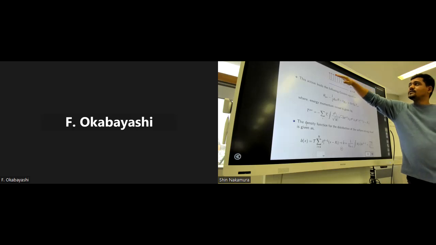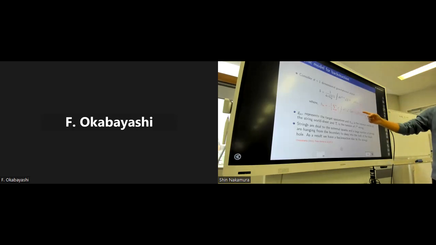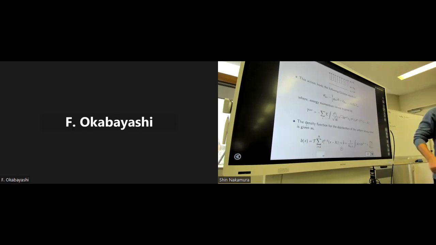So here these points are analogous to the quarks, and each point is connected with a string, because the holographic dual of those quarks are the strings which are hanging from the boundary to the horizon. Now the question is why they are only in this direction, why not in this direction? Because when you vary this action, you can choose a gauge in such a way that they are positioned in the radial direction.